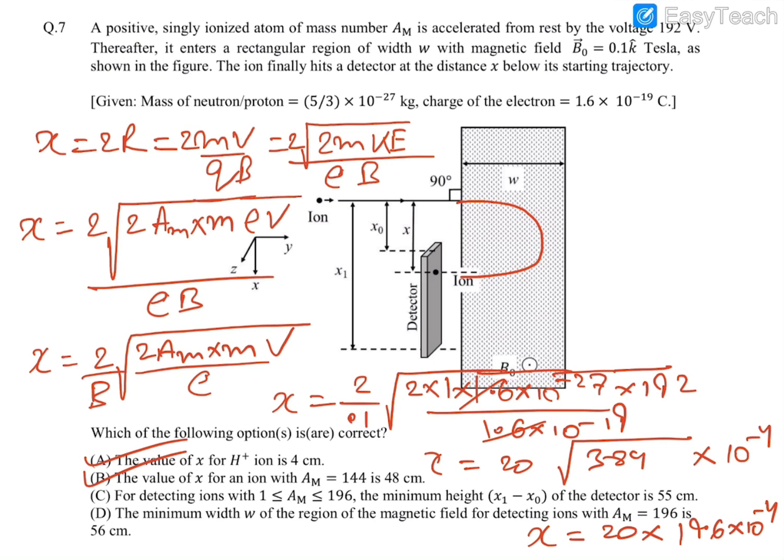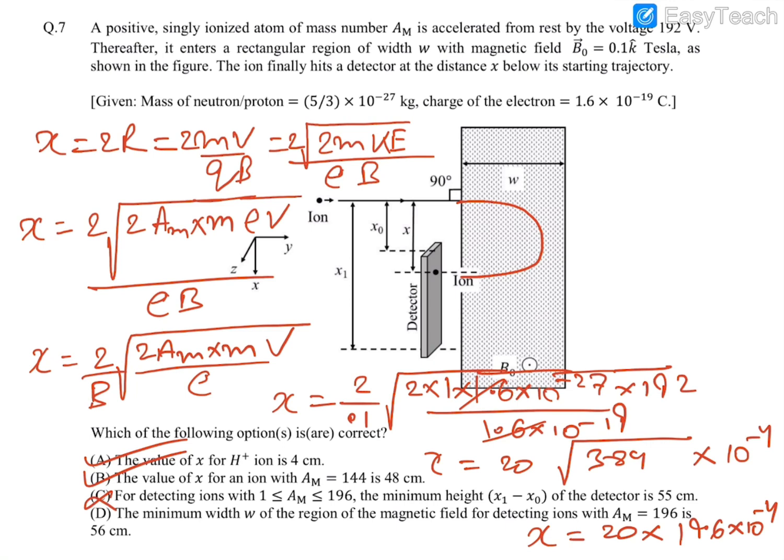And for detecting the ions with AM ranging between 1 and 196, the minimum height of this detector x1 minus x0 should be 55. So let us find out the value of x for 196. So we know that root of 196 is 14. So the value of x for AM 196 will be 14 into 4, which is 56, and the value of x for this 1 will be 4, so 56 minus 4 is 52, so C is wrong.